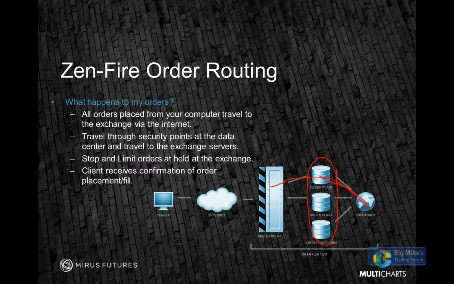It then leaves the data center through the security checkpoints, what's called the demilitarized zone, and the firewall at the data center. Then it travels through the internet. And really, the internet is just a big question mark, because you don't know exactly how long it's going to take to finally reach you.